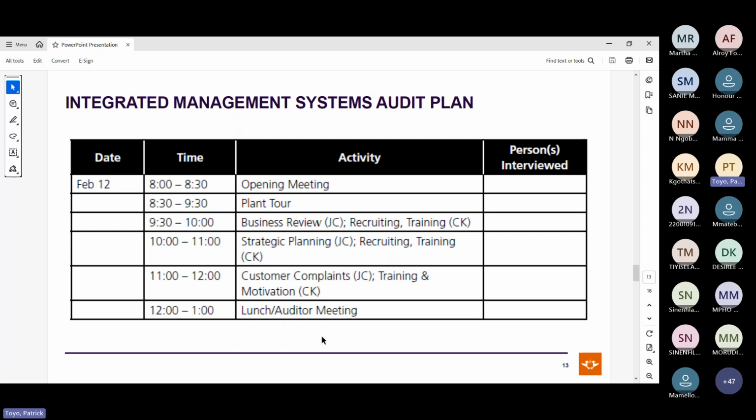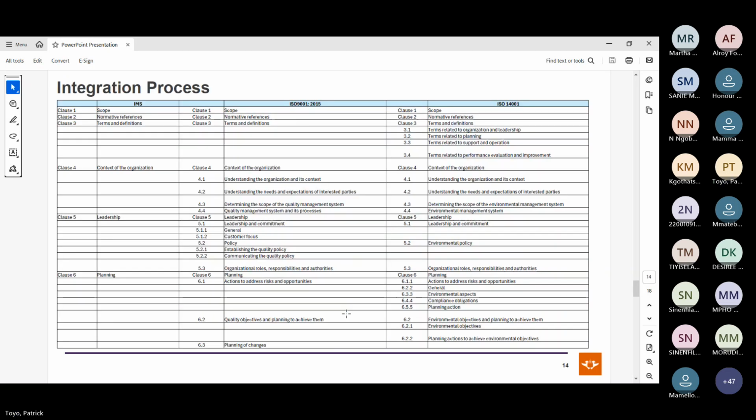This is just to guide, and also for the leadership or senior managers, or even the heads of department, to be able to prepare themselves for when I'm going to be needed. So that when we discuss this during the opening meeting, if you say that we need to make some changes, we cross it out and put the new or changed item, so that we don't have a disrupted audit session.